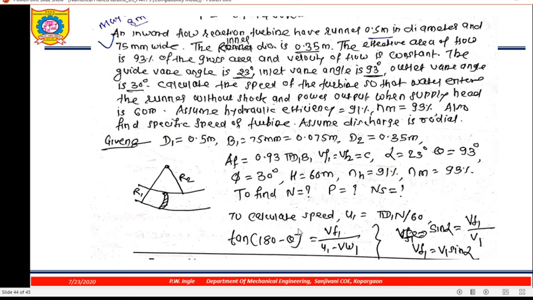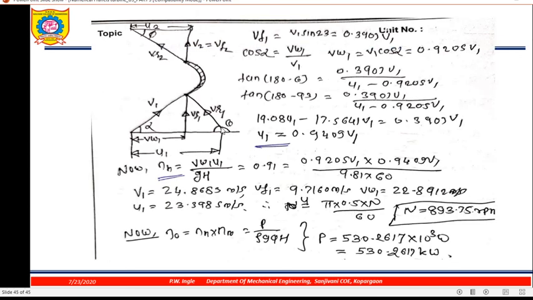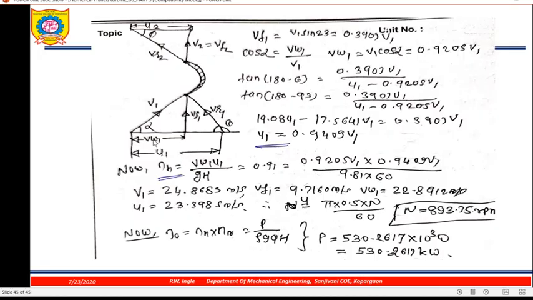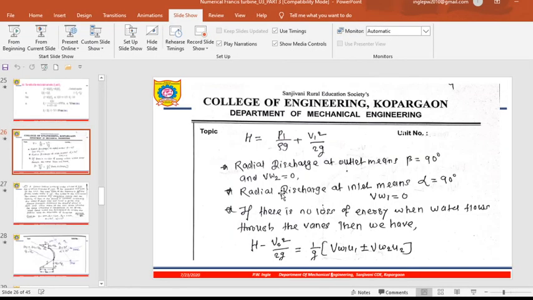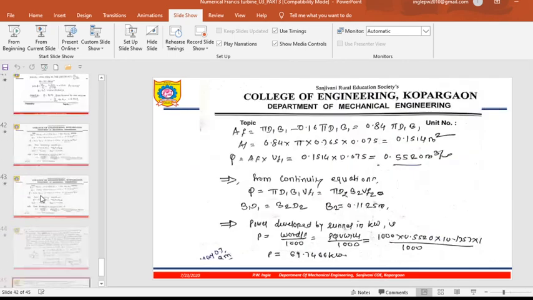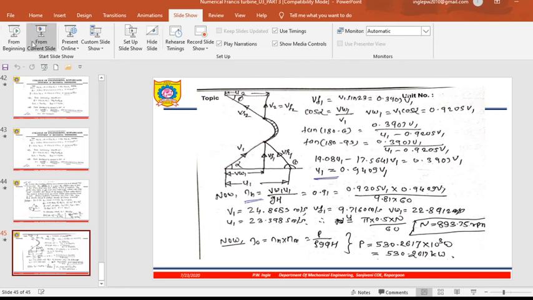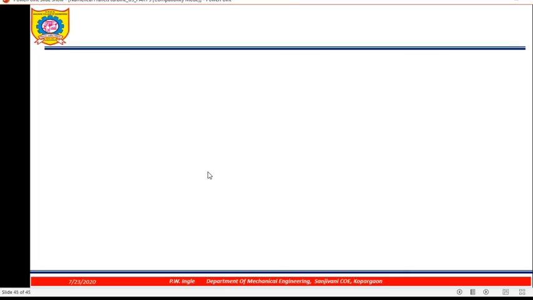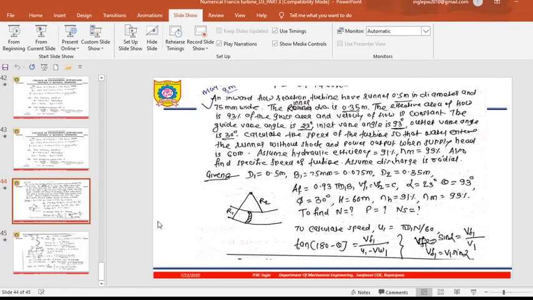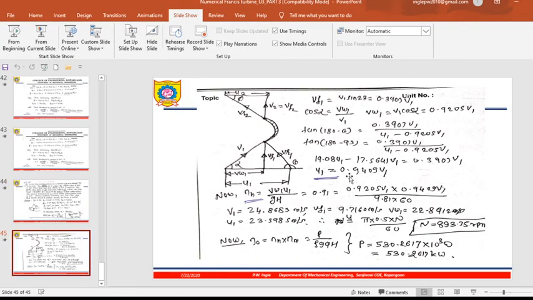So to calculate speed, it is given directly. Theta angle is given. How much is it? 93. So tan (180 minus theta) means what? U1 is more than Vw1. You can use that equation.